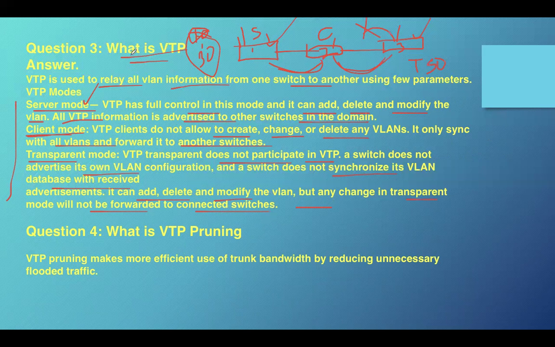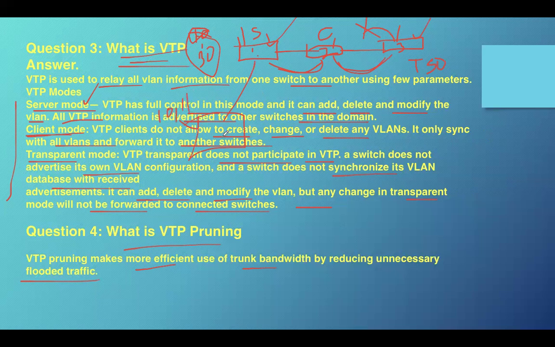Another question they may ask: what is VTP pruning? VTP pruning makes more efficient use of trunk bandwidth by reducing unnecessary flooded traffic. Understand it this way: say this is a switch, connected to another switch over here, and this switch only has VLAN 10 and VLAN 11.